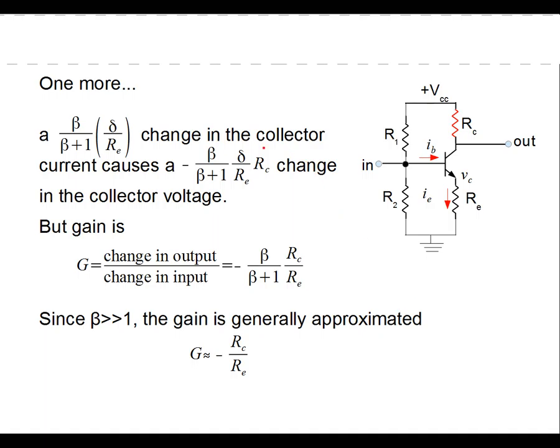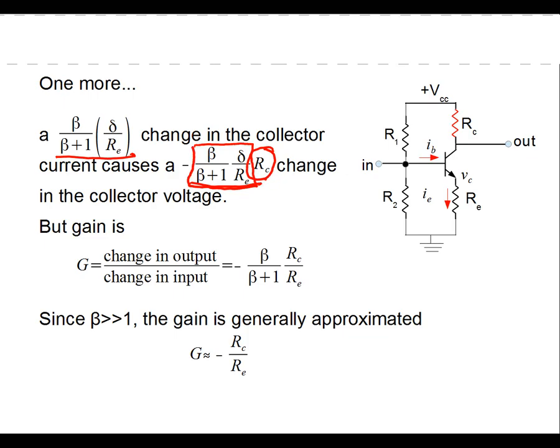Okay, now if I know the change in the collector current, which is this from the previous slide, then I know what the change in the collector potential is, because that just causes a change of this across RC. And so why do I have a negative sign here? Because, well, this is the current that's changed. This is the change in the current, the thing I'm boxing.